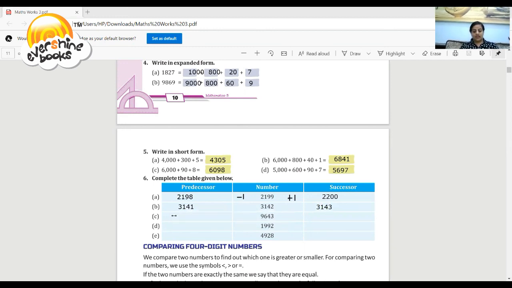So 9642 will be the predecessor and 9644 will be the successor. Likewise. Now next is 1000.